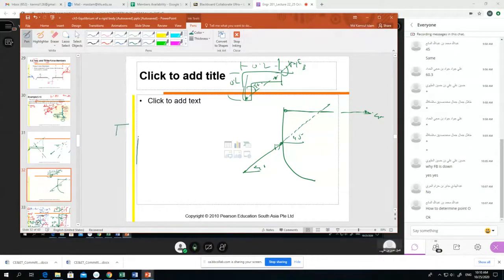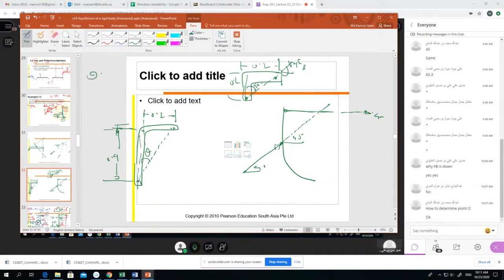Now if our case is like this, then what will happen? This is point 2, but this distance is 0.4. Then how will you draw it? You connect these two lines, and tell me what is the angle?